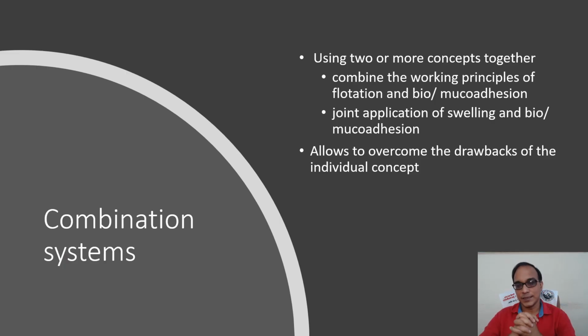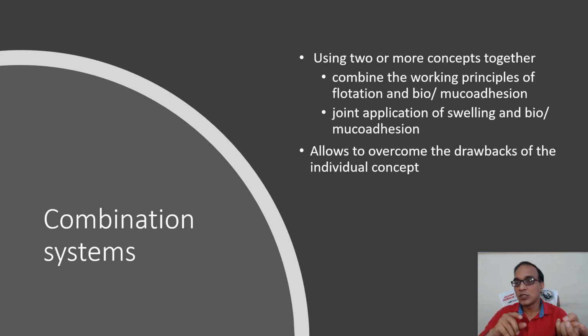Now, combination systems we are focusing on. In these systems, we are using two or more approaches put together. They combine the working principles of floating and bio or mucoadhesion. Joint application of swelling and bioadhesion can be achieved. It allows us to overcome the drawbacks of the individual concept.